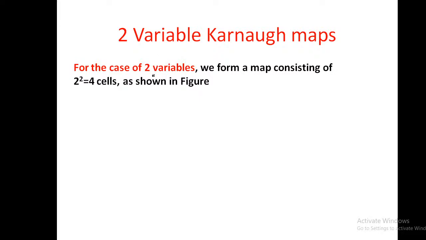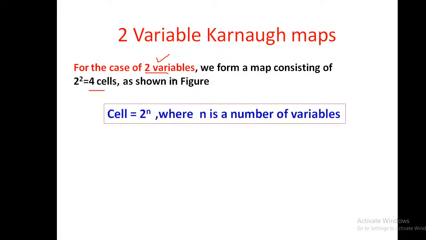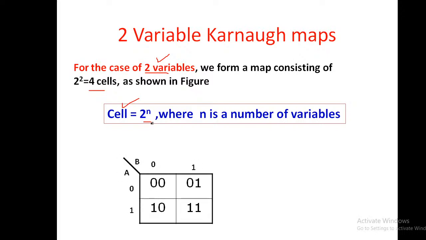There is a relation between the number of variables and the number of cells constructing the Kmap. Kmap is definitely a cellular structure. So if there are n variables, then the number of cells will be 2 to the power n. Very simple.